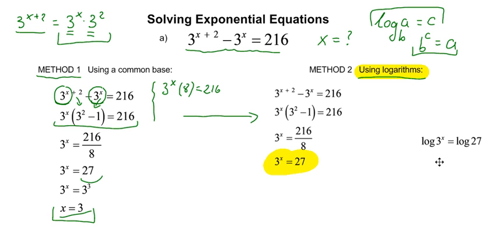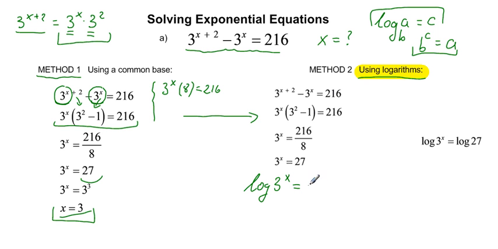So apply logarithms to both sides. So here you're just thinking of log 3 to the x and log 27. Maybe I'm going to erase this and do it at the bottom. Okay, so you would log both sides of that equation.